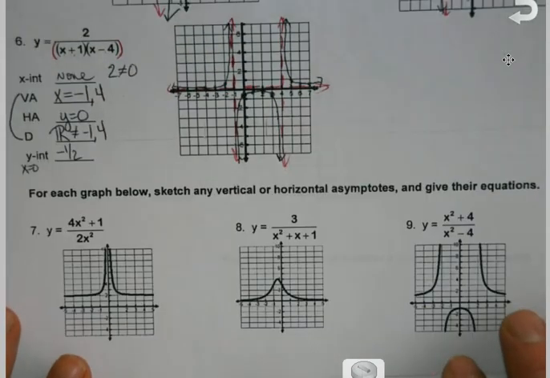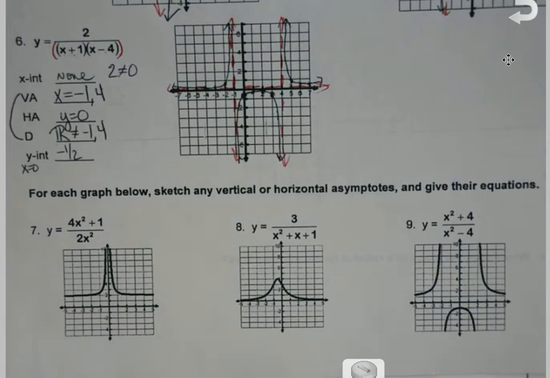Here, we're just going to do a little sketching. For each graph below, sketch any vertical or horizontal asymptotes and give their equations. So in other words, if they're vertical, it should be x equals something. If they're horizontal, it should be y equals something. So like if I said on number 7, you've got one vertical and one horizontal, what would be those two equations?